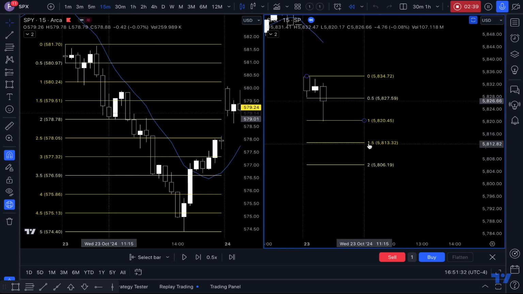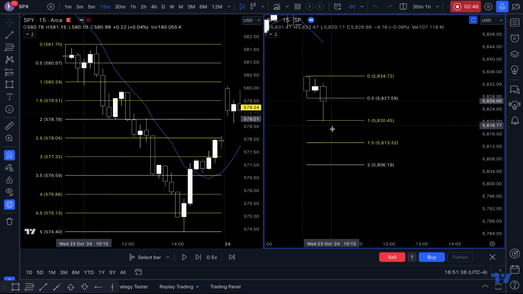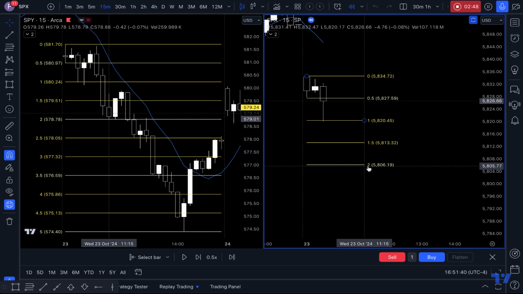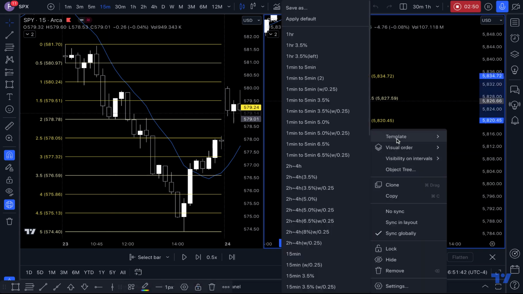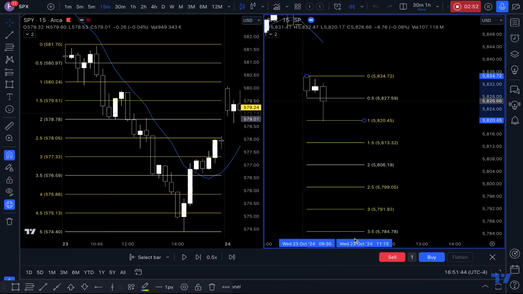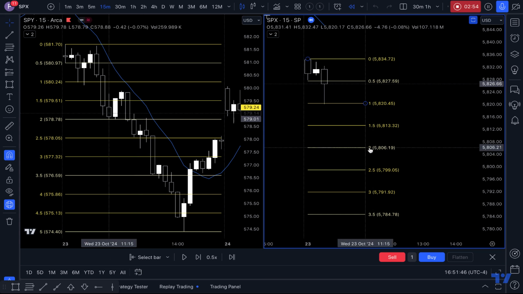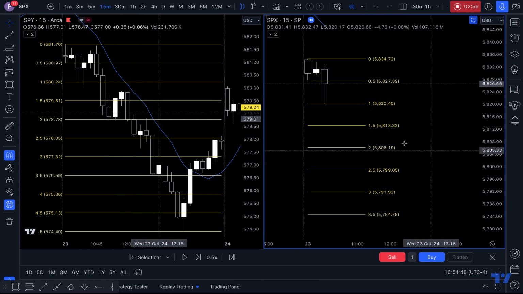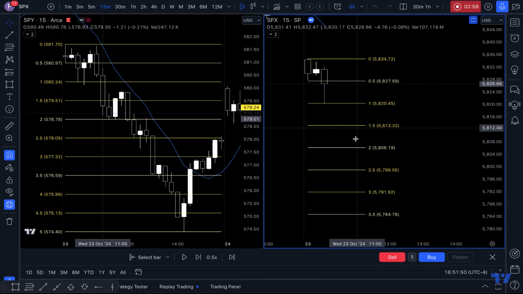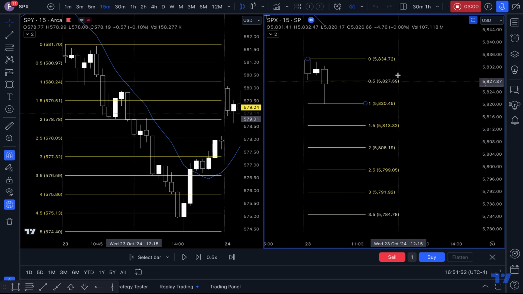These are just the resistance that it needs to break through, the resistance that needs to turn into a support for the bears to ride it down to 2. And on a good, strong day, it will typically go from 2 to 3.5. So this is actually a good range for a day, based off my experience of how price usually moves.